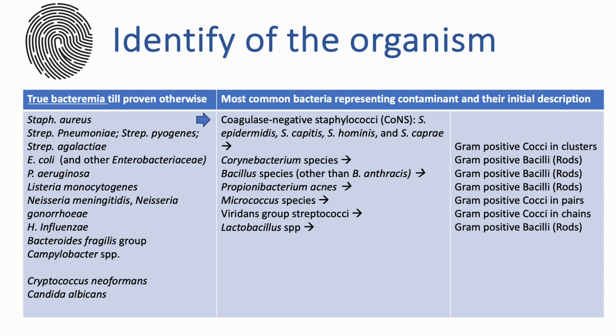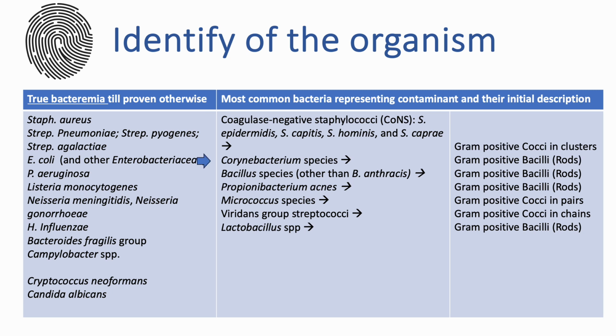On the other hand, among the common organisms that are usually identified as contaminants, the top one is probably the coagulase negative Staphylococcus: Staph epidermidis, Staph capitis, Staph hominis, and Staph caprae. This is probably the most common that you're going to encounter in clinical practice.